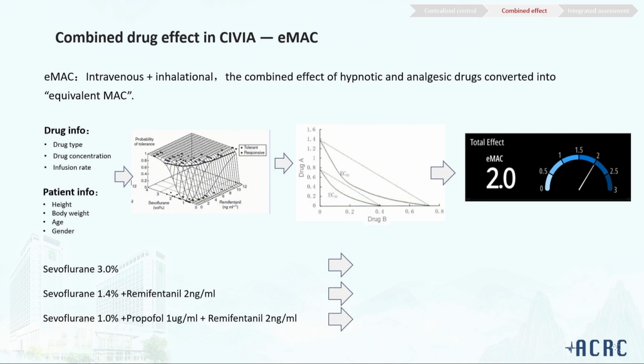But here Mindray generates the equivalent MAC. They transfer it into an index similar to the MAC we routinely use clinically. That will be easier for anesthesiologists to understand, and allow very simple, instant adjustment of the anesthesia.